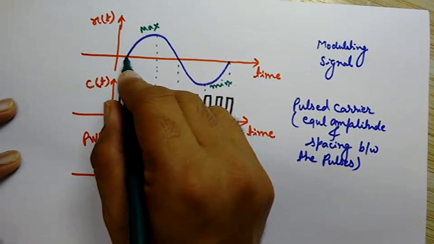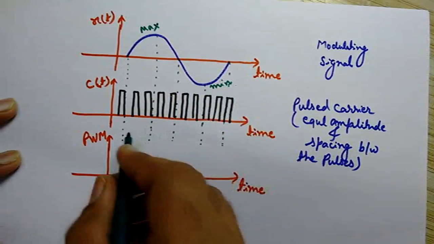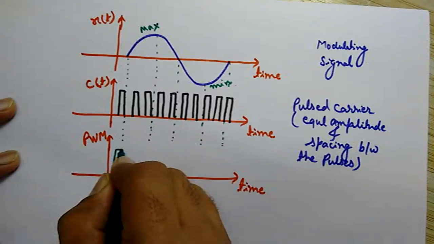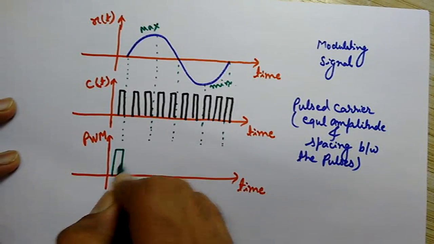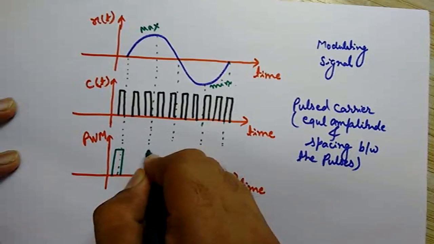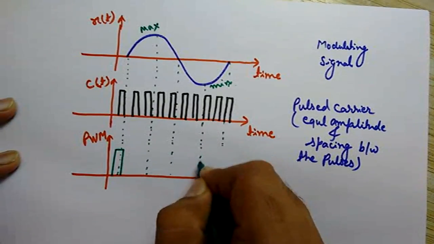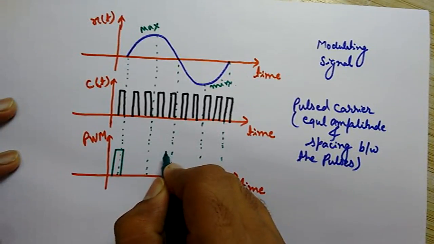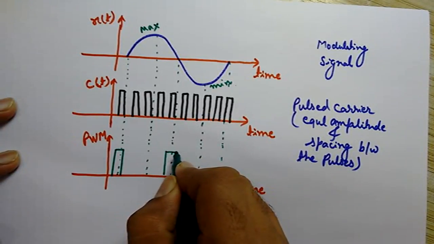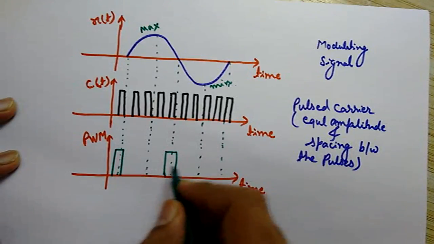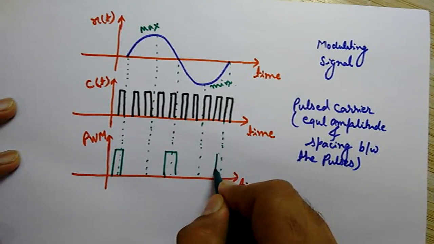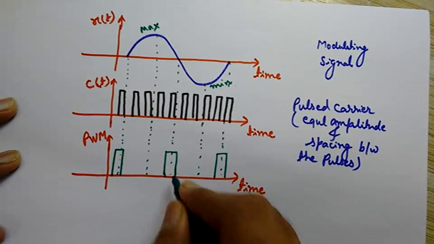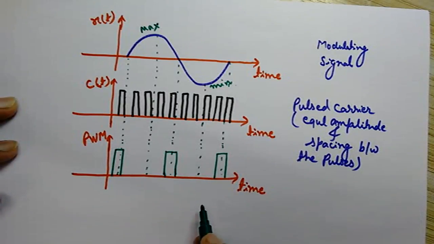So let me first draw corresponding to these 3 points. These three have equal widths and equal amplitudes.